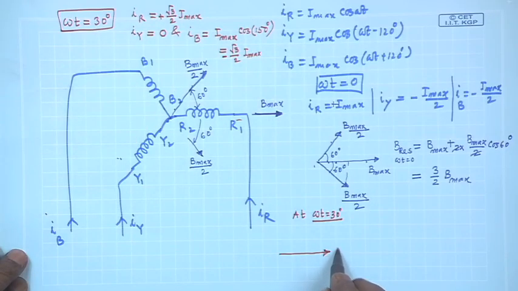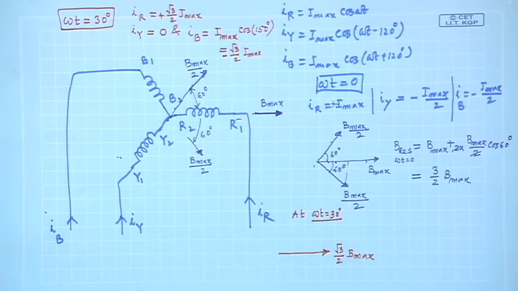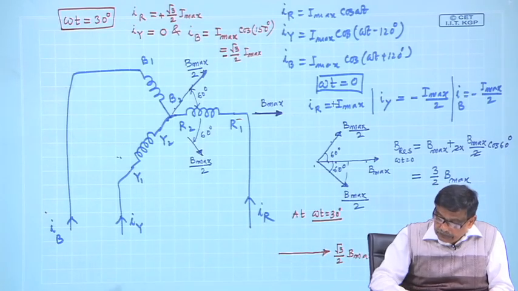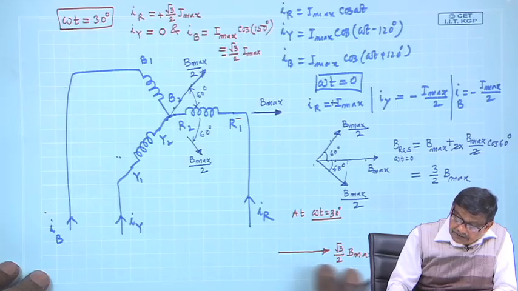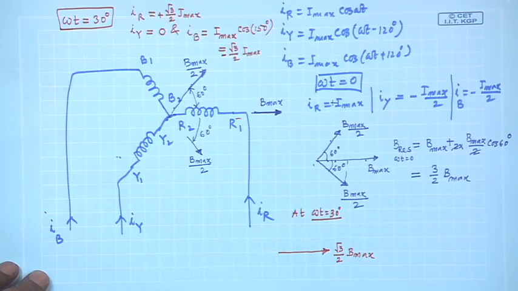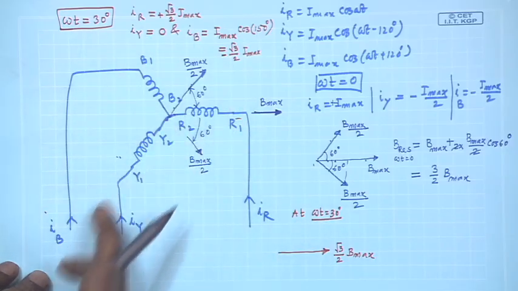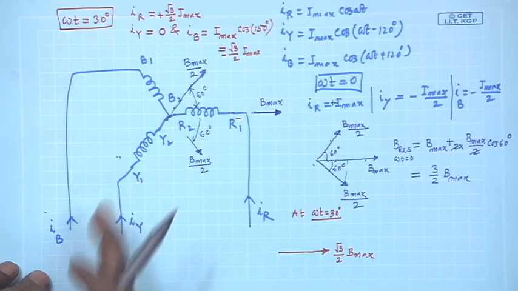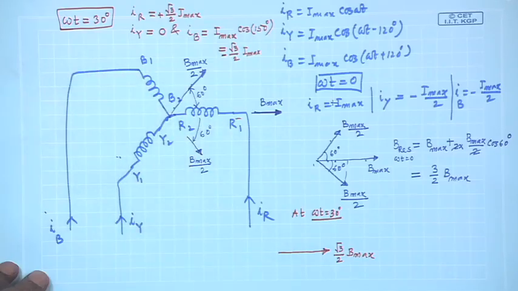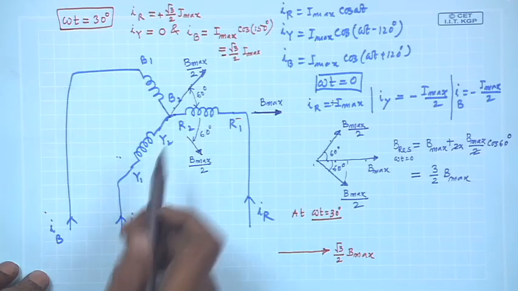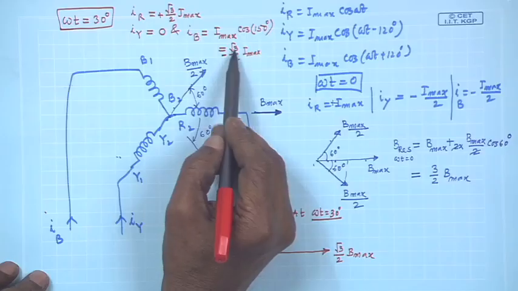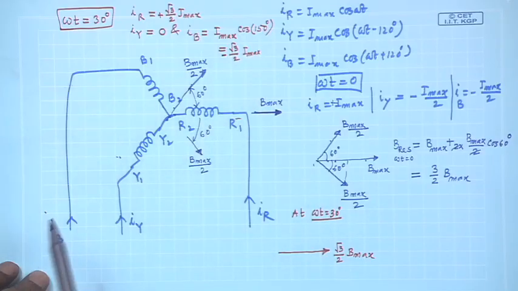So, the strength of this field will be root 3 by 2 into B max, because we have already assumed for I max current B max is produced. So, this will be the R phase field. Y phase there is no field, because I y is 0, no field along this line, but B phase will produce a field. Okay? Because B phase is carrying a current of minus root 3 by 2 into I max.